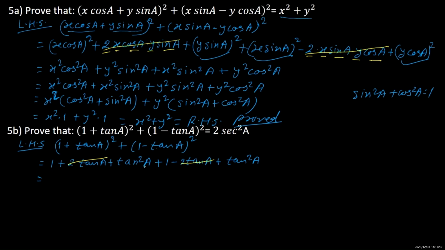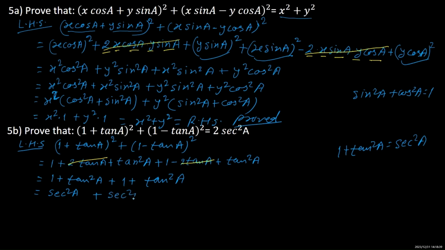Then here remain 1 plus tan square A, 1 plus tan square A. 1 plus tan square A plus 1 plus tan square A. And we know one more formula, that is 1 plus tan square A equal to sec square A. So in place of 1 plus tan square A, we'll write sec square A. And here also 1 plus tan square A is also sec square A. Sec square A plus sec square A equal to 2 sec square A. And this is our required RHS. Hence proved.